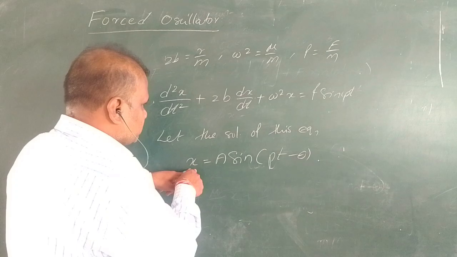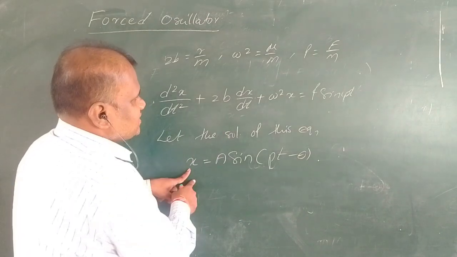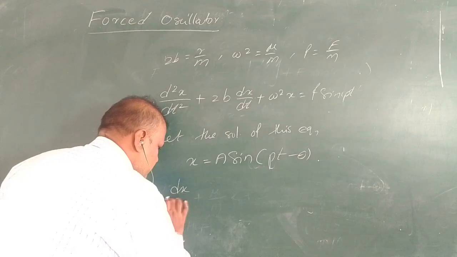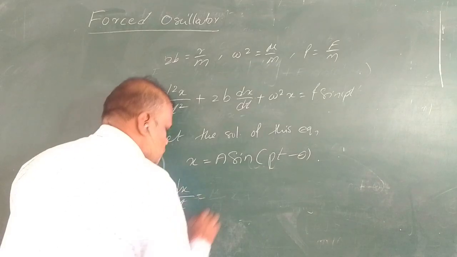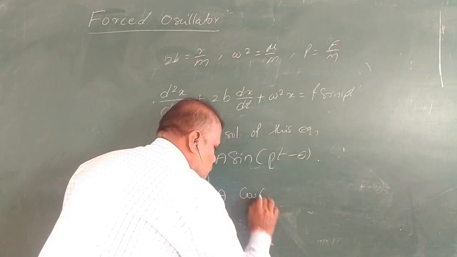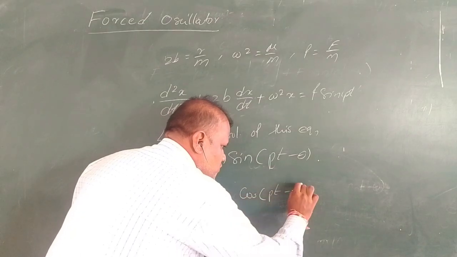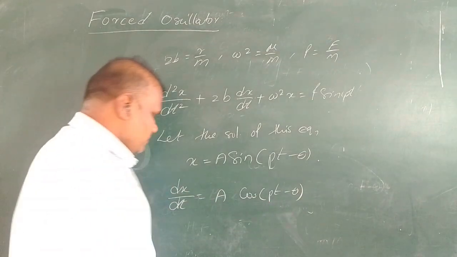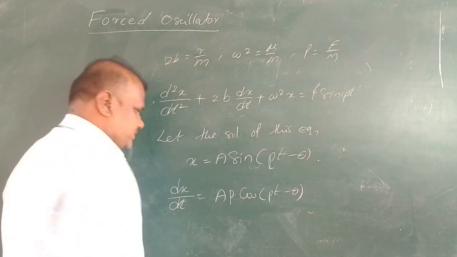Here I have to substitute the solution in this equation. For this purpose I need the first order derivative and the second order derivative. Therefore dx by dt equals capital A, the differentiation of sin is cos, so cos(pt minus theta). Differentiation is with respect to t, therefore p is treated as constant, so we get p.